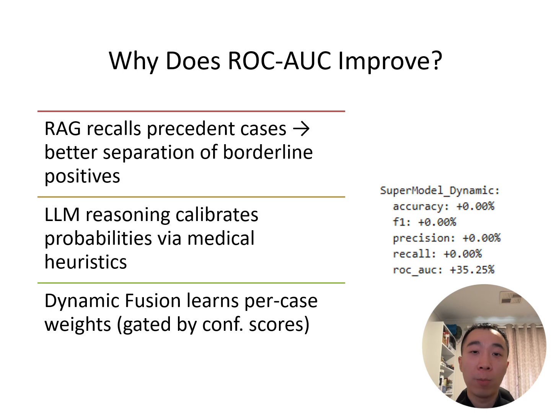RAG helps separate borderline cases by recalling relevant historical evidence. LLM reasoning applies medical heuristics, which helps calibrate the output probabilities more realistically. And dynamic fusion learns which component to trust on a per-case basis, leading to better overall discrimination.